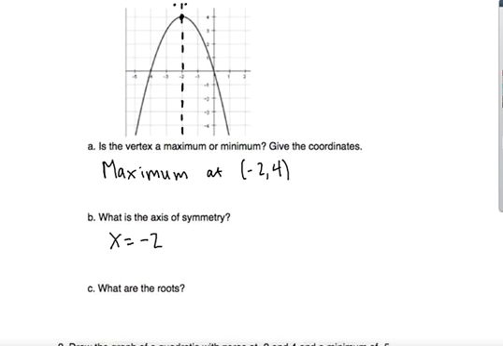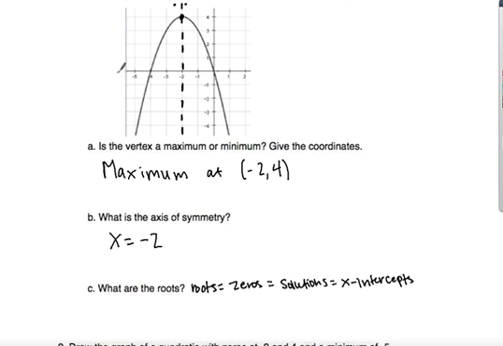Now there are several words that mean roots that we've talked about. Roots mean the same thing as zeros, which mean the same thing as solutions, which mean the same thing as x-intercepts. So basically what this question is asking us for is, what are the x-intercepts? The x-intercepts are just where this graph crosses the x-axis.